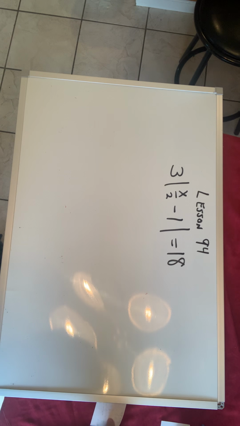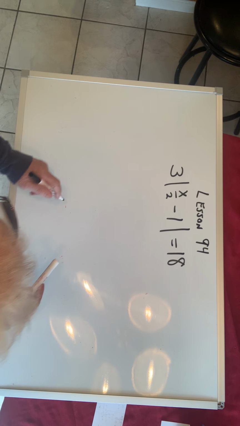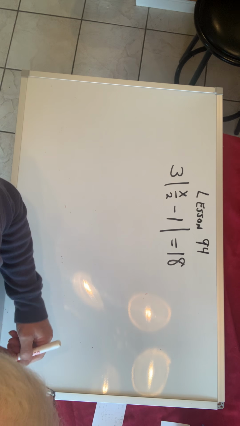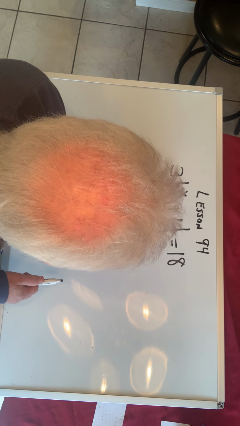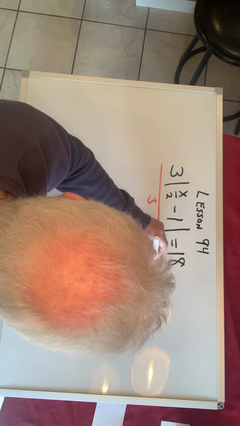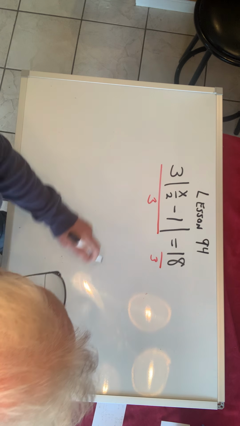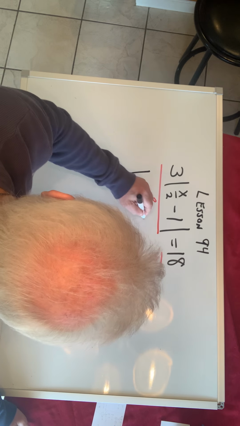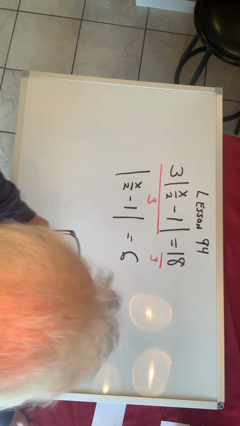All right, so here we go. First thing they're doing is they are multiplying by 3, so we are going to divide by 3. Okay, and we get the absolute value of x over 2 minus 1 is equal to 6.